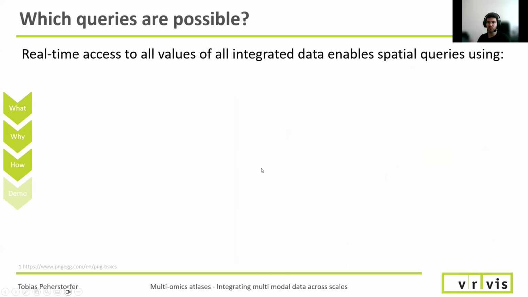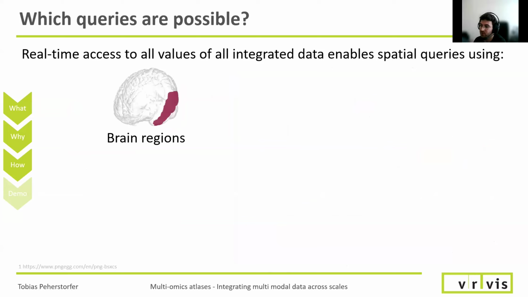Now, since we have explained this indexing, it's good to know what it can be useful for. With this indexing, we actually have real-time access to all the values of all images we have integrated. For any arbitrary selection we make, we can ask our application, hey, in this brain region that I'm showing you right now, where is this connected to?